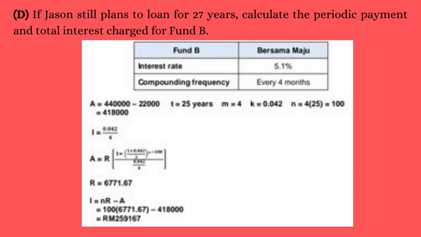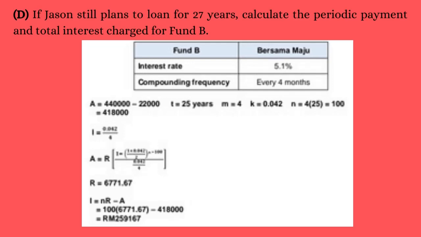And then T is 25 years, and M is 4, and then K is 0.042, and then N is 4 bracket 25 close the bracket equal 100.